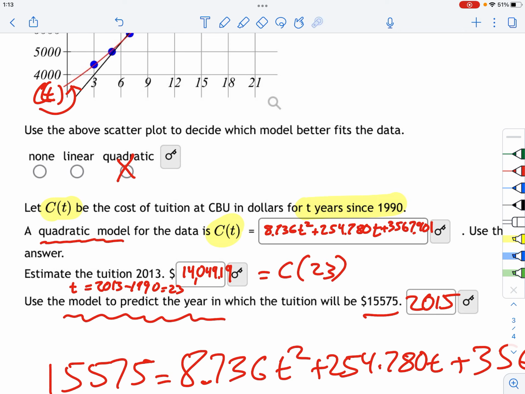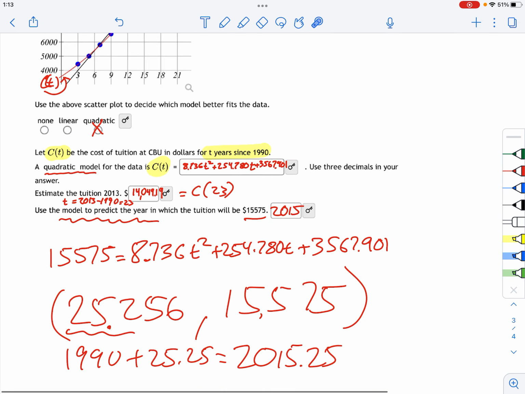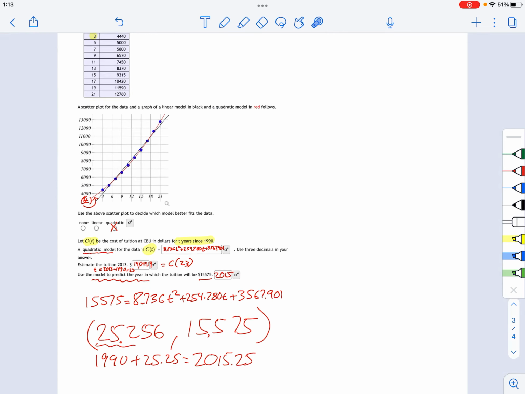Then we use a graphing method to solve this, because it's just plain ugly by hand. Even though you could use negative b over 2a to find the vertex, first you need to subtract this to set equal to 0 and go from there. But your best approach is to use a graph because it's an application problem. All right, hope that helps. Thanks a lot.